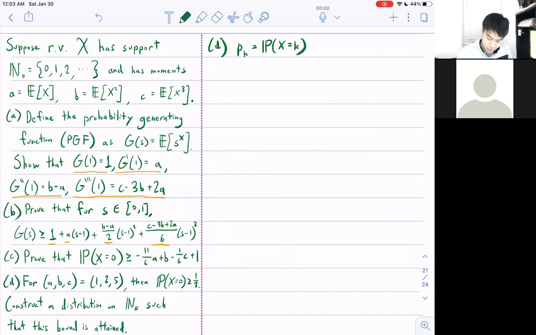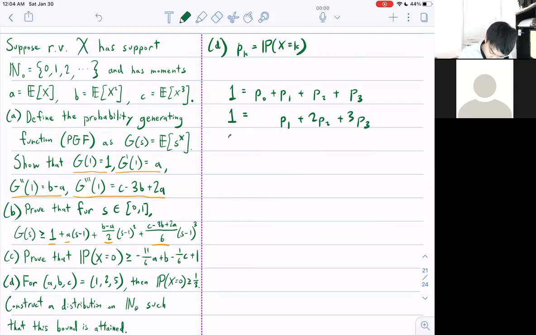Okay. So setting up all the moment conditions and probability conditions, we have 1 must equal probability of 0 plus probability of 1 plus probability of 2 plus probability of 3. And then the first moment is equal to 1, which is defined as 0 times p of 0 is 0, that goes away, 1 times p of 1 plus 2 times p of 2 plus 3 times p of 3.